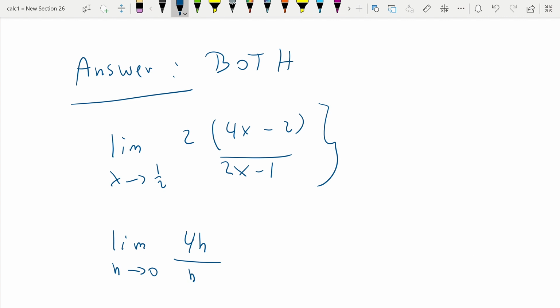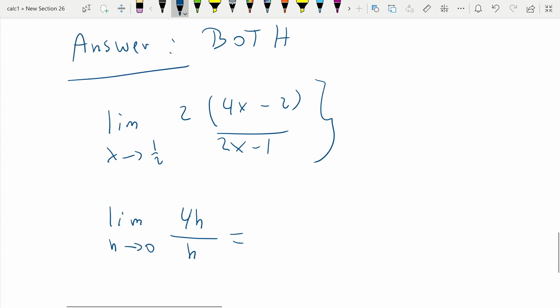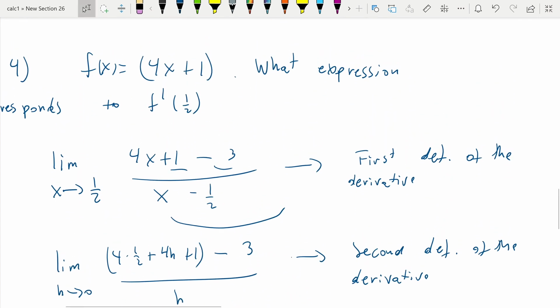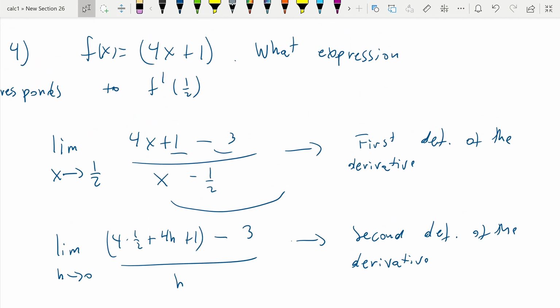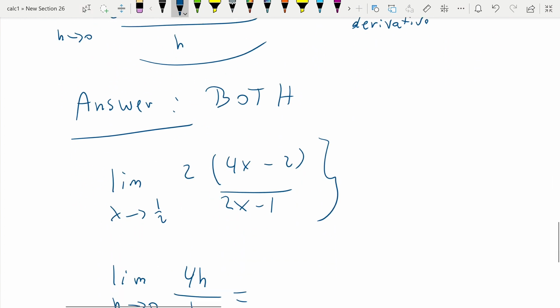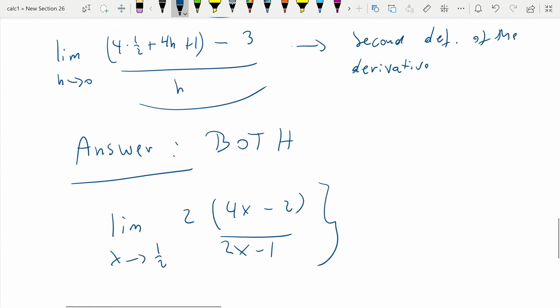Something that looks silly here, but this expression, where you just need to simplify the h's, is also the derivative of this function at the point 1 over 2. This is completely equivalent to this. Okay? So just keep that in mind. So this expression here is just the same thing as this quotient.